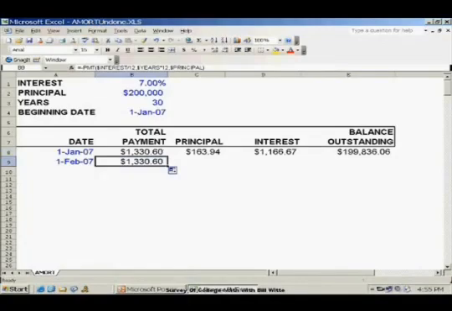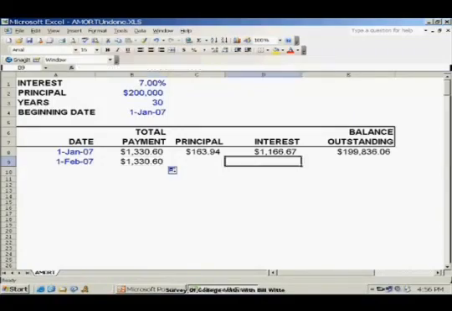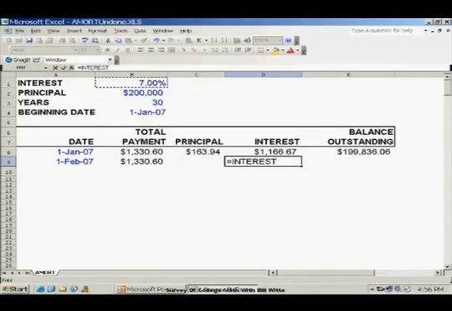So that's nice. Now, the interest on that payment isn't going to be the same, I hope you appreciate. We're going to pay less interest because we owe less money. We only owe $199,800 something. So once again, let's calculate the interest. That's going to equal 7% divided by 12, because it's 1/12 of that annual interest.